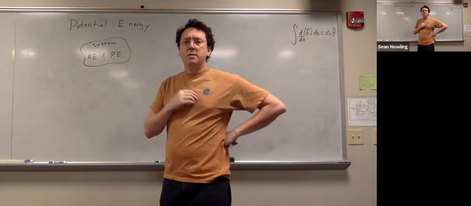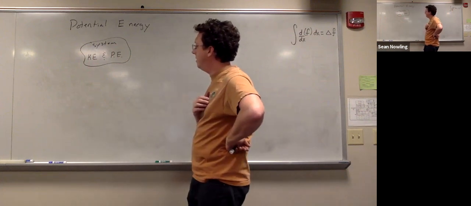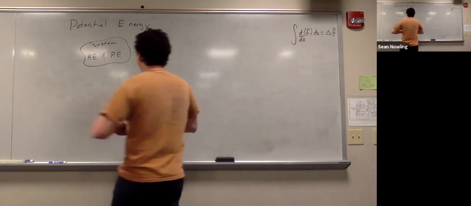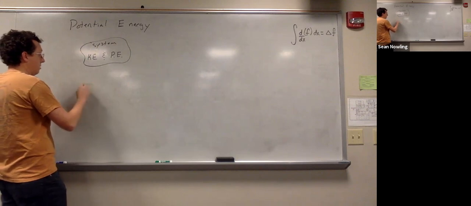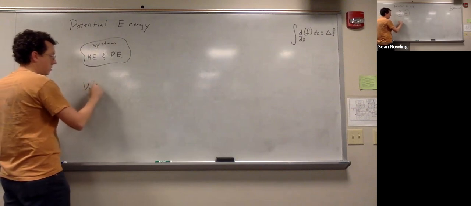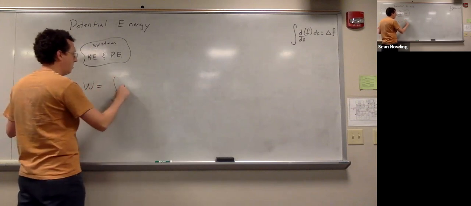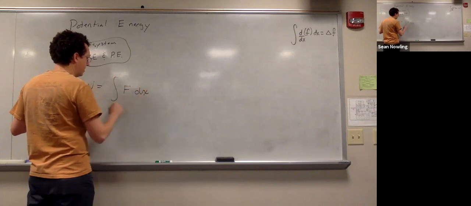So it's a little different also than work. Because when you think about work, let's break that apart actually. When we think about work in general, to evaluate work, let's say in 1D, you have to integrate the force over the distance.